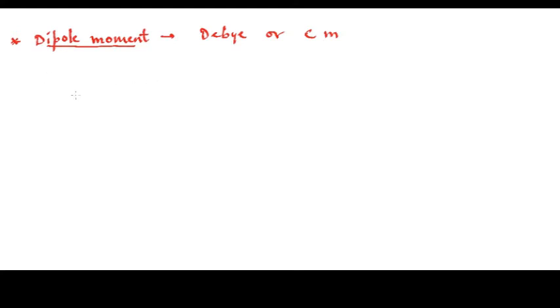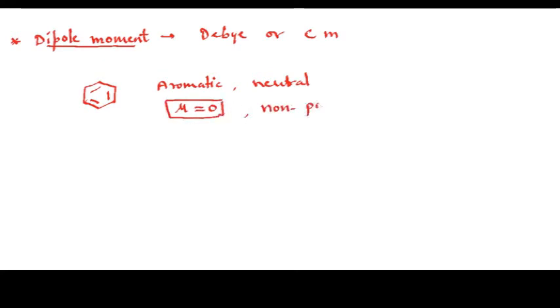Now you can see the dipoles of these molecules are checked with the help of a very simple criterion. That is, if a molecule is aromatic and is neutral, then you can simply say that the dipole moment for such a molecule will be 0. That means it will be a non-polar molecule.